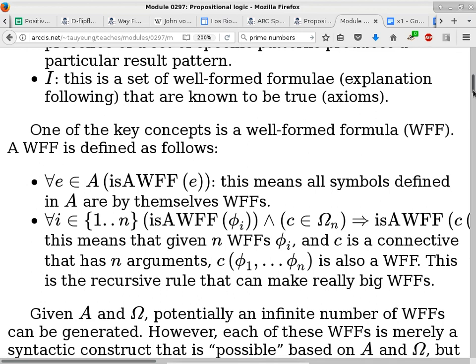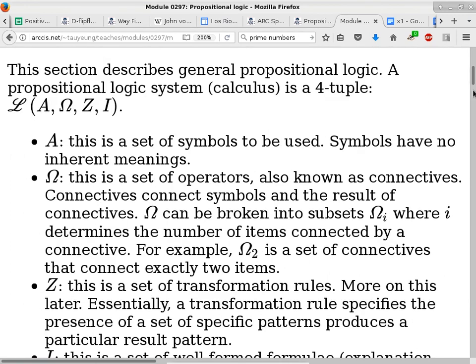So what about the transformation rules? The transformation rules are represented by, is it zeta? I think so. It looks like Z. Let me just double check because I hate to be wrong. Yep, so zeta is representing transformation rules. Now transformation rules are kind of interesting because it's like pattern matching.